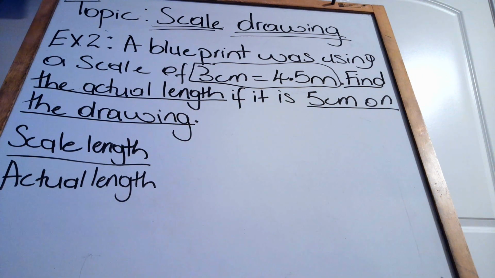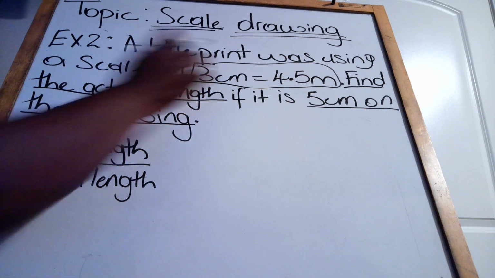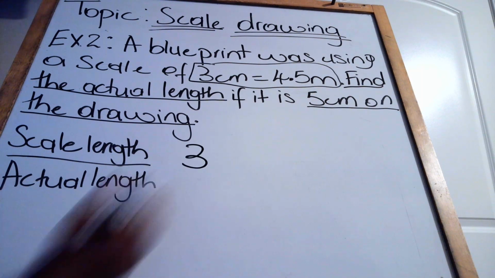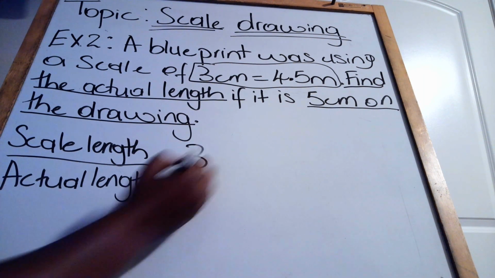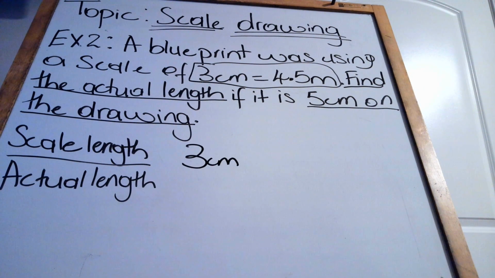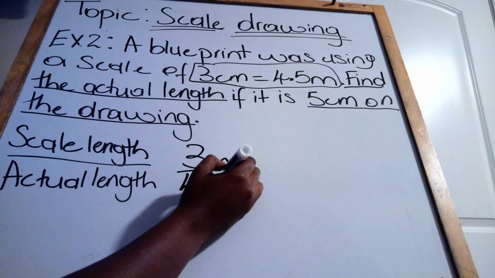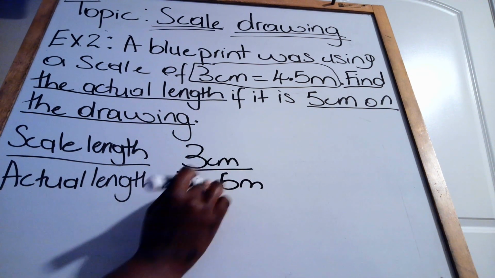First step, the scale that is given, we're going to write as a ratio in fraction form. The first term in the scale is our scale length, so that goes in the numerator, 3 centimeters. The second term goes in the denominator, so that's 4.5 meters.